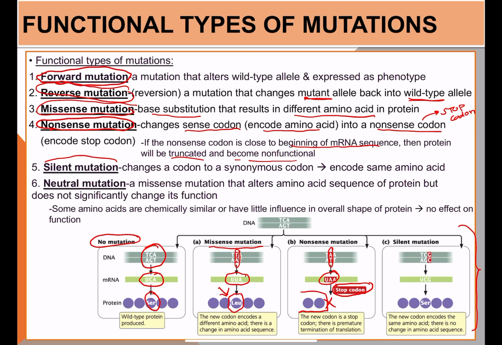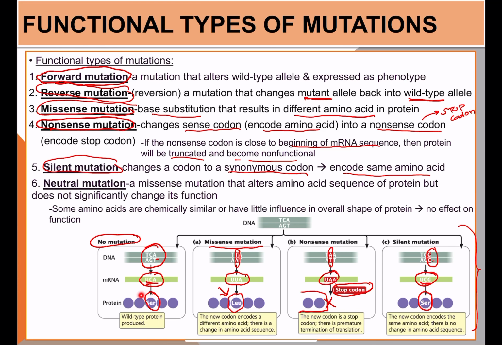Silent mutation is when you're changing a codon to a synonymous codon, which then encodes for the same amino acid. So this is not so scary compared to the other types of mutation and that's why we call it silent mutation, because even though here you see that it was switched from AT to GC, it still gives you UCG codon, and it so happens that both UCA and UCG encode for the same amino acid serine.